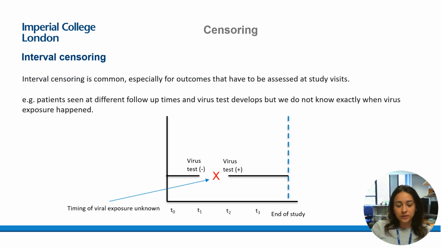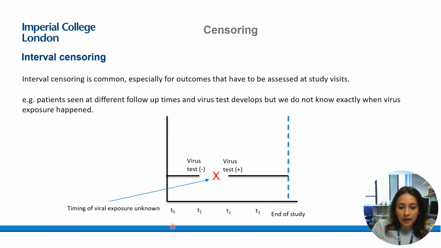We also have interval censoring, which is common, especially for outcomes that have to be assessed at different study visits. So what do I mean by this? Let's say, for example, we're looking at patients that need to be seen at different follow-up times. And let's say we are looking for a viral infection, so that is our event and our outcome. So let's say we have a person that comes in at time 0, that's recruitment, then the person comes in again at time 1, time 2, and then time 3, and that's our end of study.